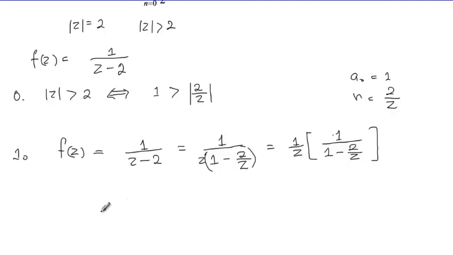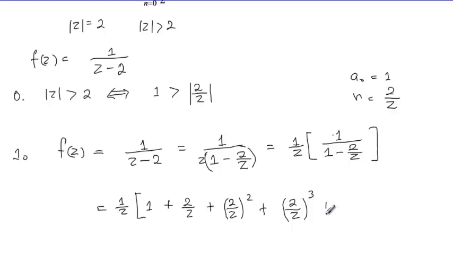Expanding this, we write 1 over z in brackets and repeat the development of a geometric series: initial term 1, plus initial term times common ratio 2 over z, plus 2 over z squared, plus 2 over z to the power 3, plus 2 over z to the power 4, and so on.